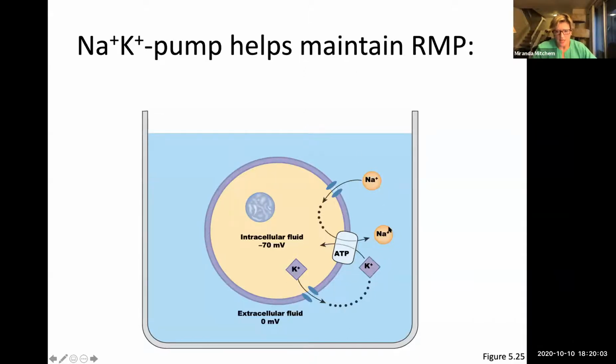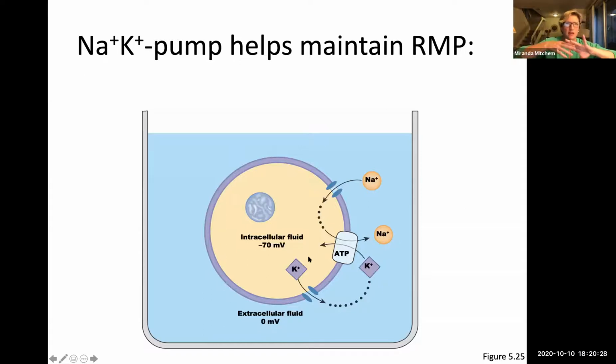Your book is showing it even here, and we'll see a later figure that shows it more accurately. But we've got sodium that diffuses in through its diffusion channel, and then it's pumped back out through the sodium-potassium pump. Same with potassium, just opposite direction. It moves from the inside of the cell out and then back in through the pump, right?